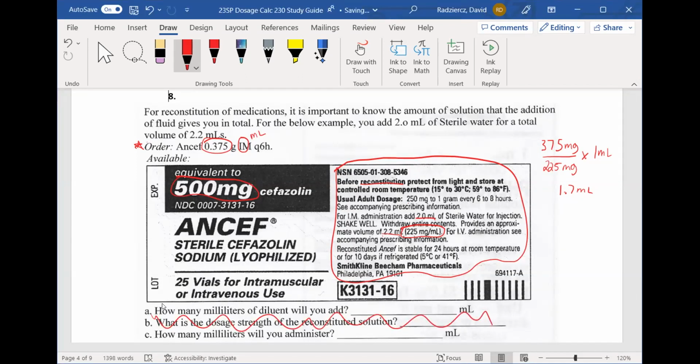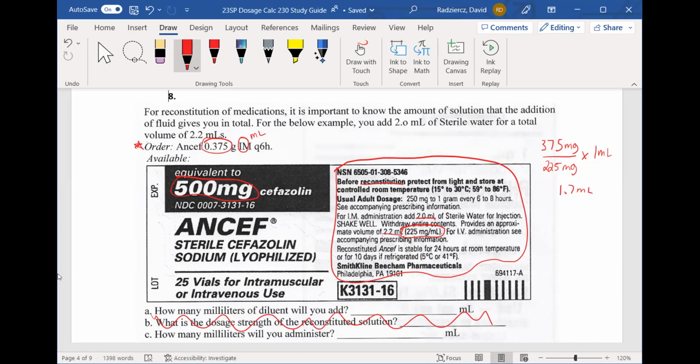There'll probably be a question like how many milliliters will you administer, and then a picture of a syringe, and it'll tell you to mark the syringe. But no, it won't say ABC. The ABC is just helpful for you.